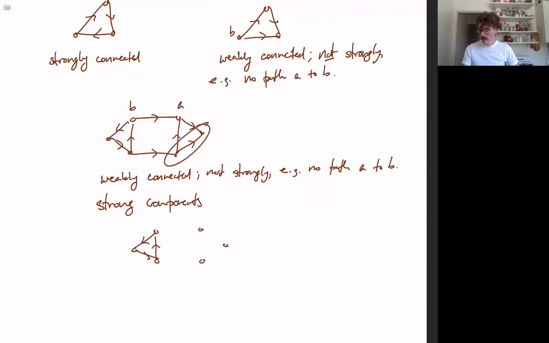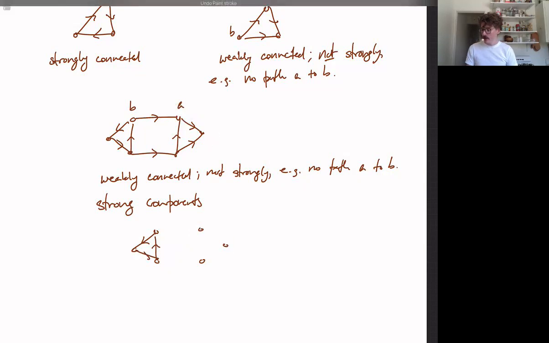So neither that nor that is strongly connected, so this point has got to be on its own as a strong component. And similarly, this point we can get here, but we cannot get back. So this is not a strong component either, and these points must also be on their own. So the strong components, we have finished drawing the picture. There are 4 of them.